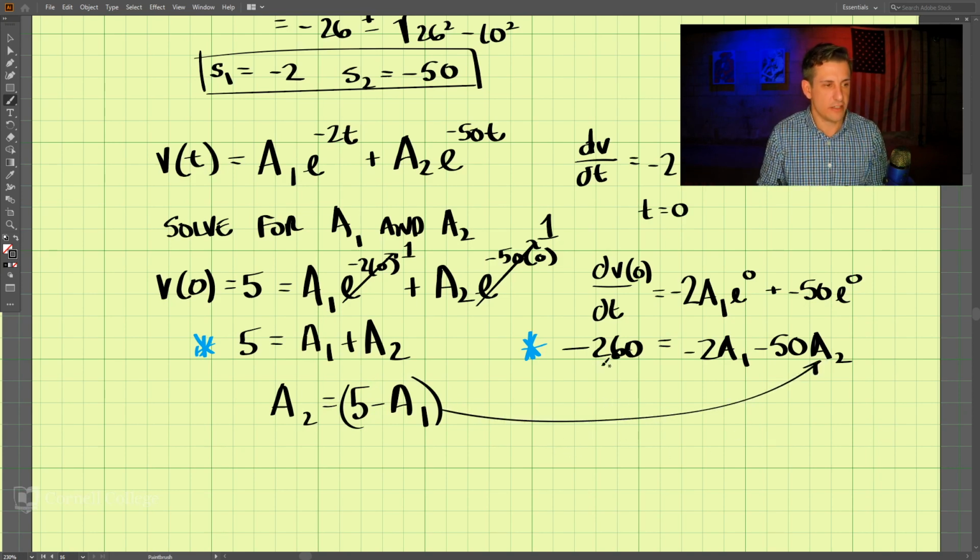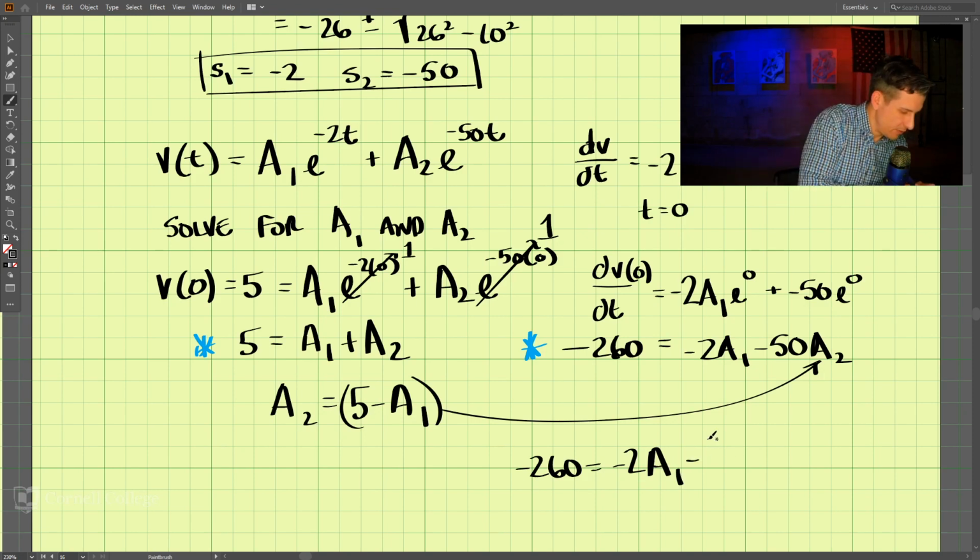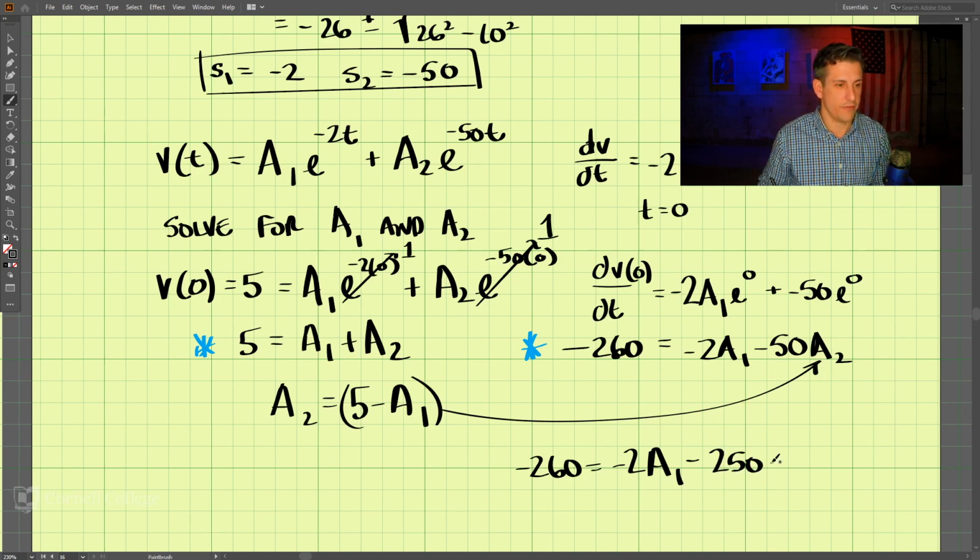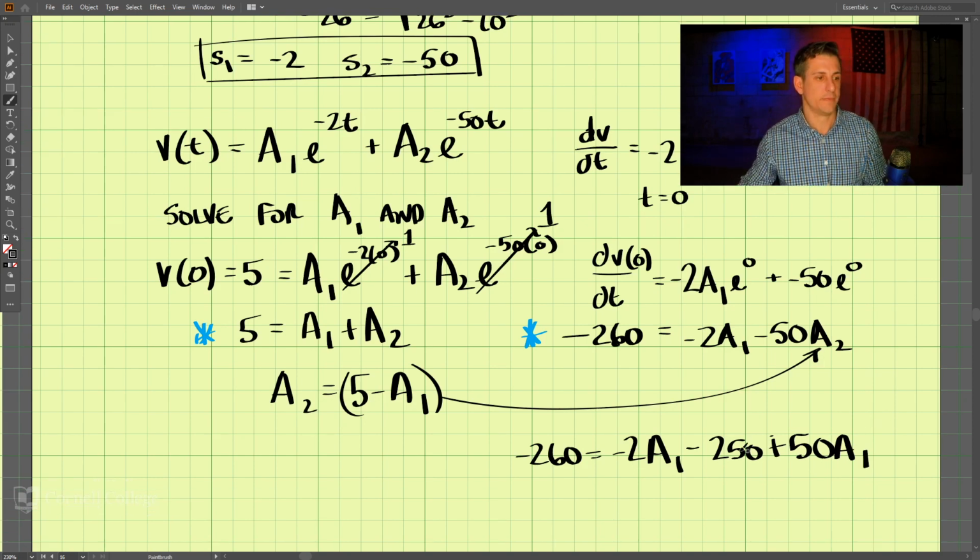And then this equation becomes negative 260 equals negative 2 A1 minus 50 times 5. So that's negative 250 plus 50 A1.